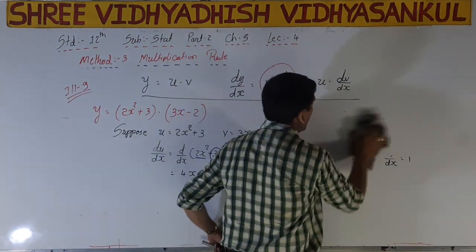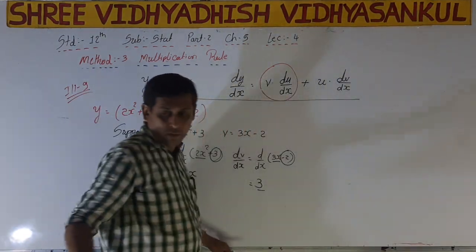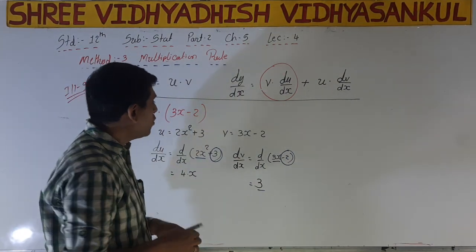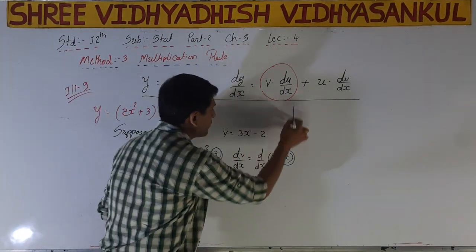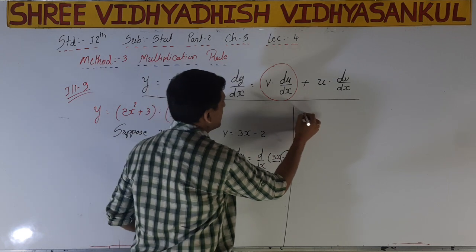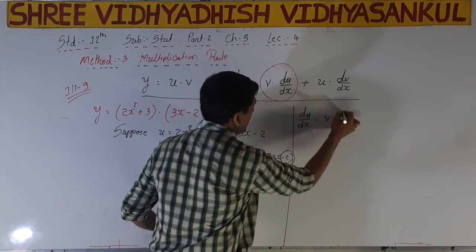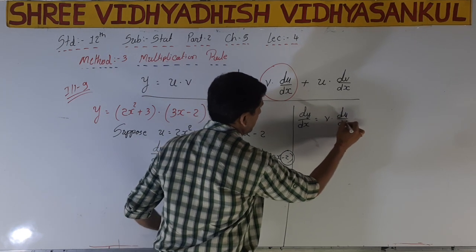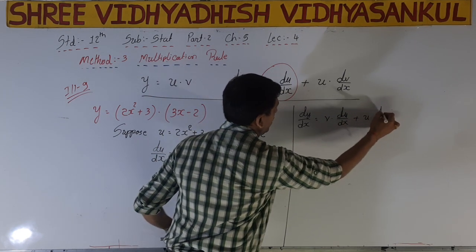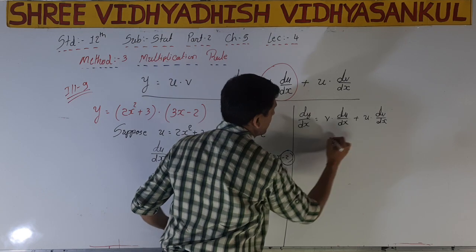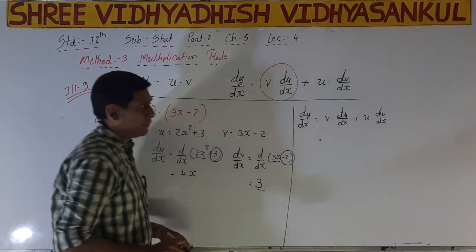Now put the values here. We have to put the values into the formula. What is dy by dx? Ultimately, you have to write down the formula: v into du by dx plus u into dv by dx. So what is v?